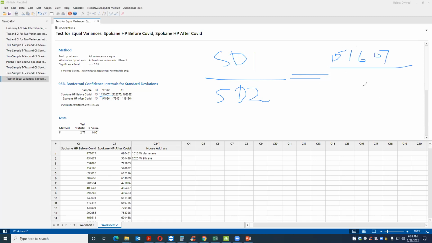And here is 91,086. In this case there is a conflict, because it is coming less than 2. So this is coming less than 2.